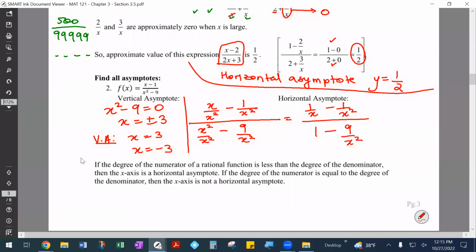So this is what it will clean up into. Now again, we have to imagine what it is going to do as x gets really large or really small, as it goes to positive or negative infinity.